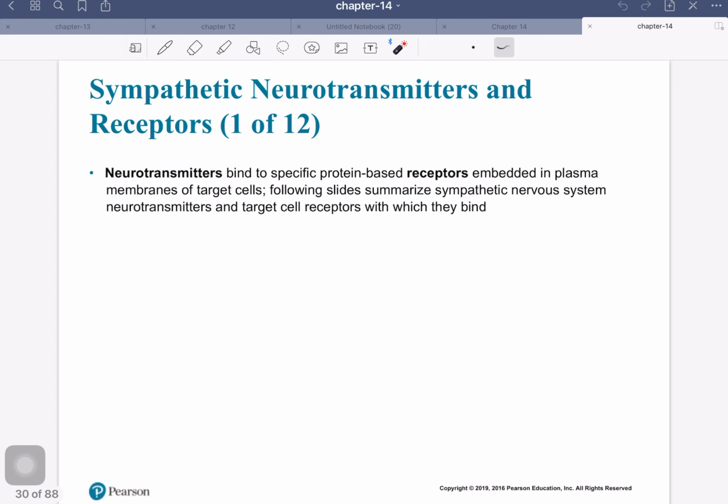Okay, so let's start talking a bit about the neurotransmitters. And of course, since they're neurons, they use chemical means to talk to each other. And we have to start looking at not only the neurotransmitters, but the receptors. And that's an important thing to remember: it's not necessarily the chemical that you release as a neuron.